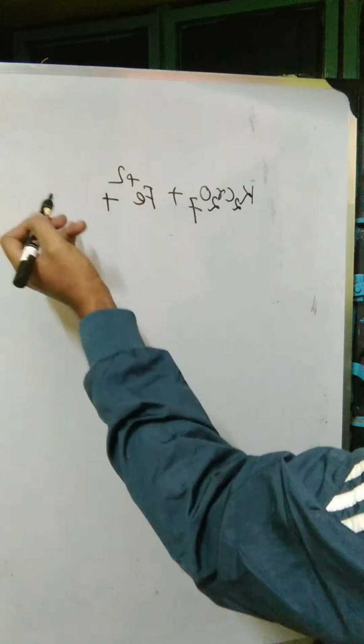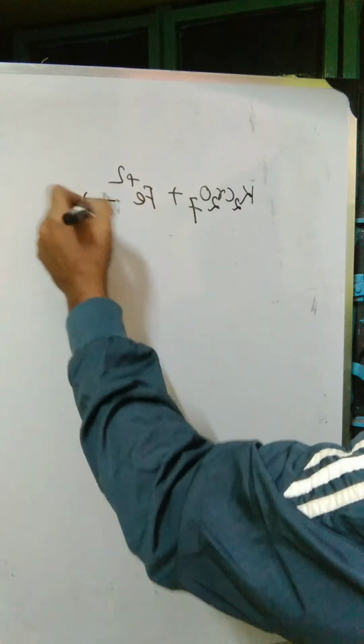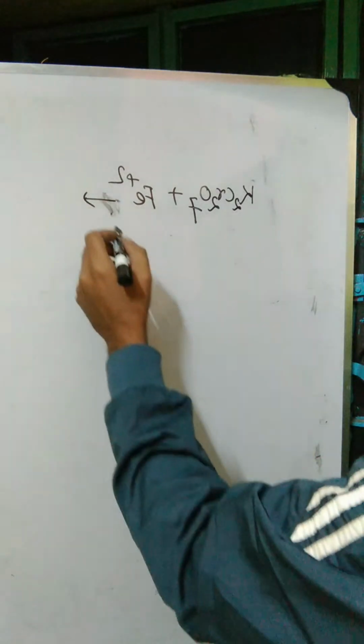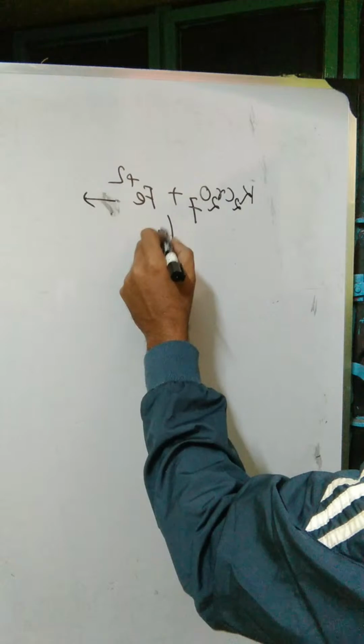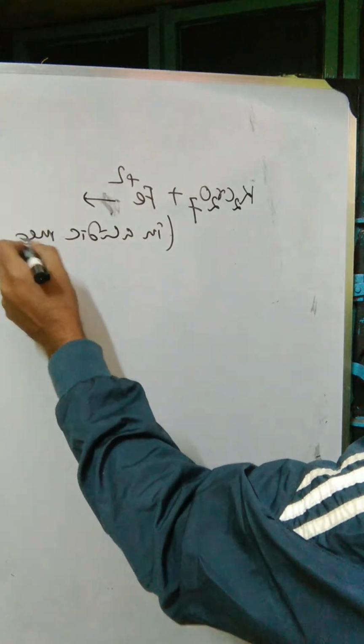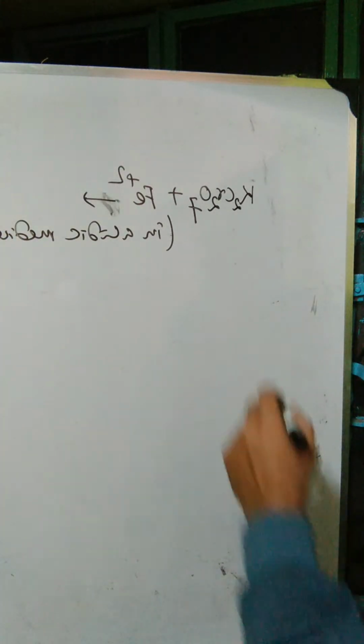H+ means the acid medium. H+ may not be given, and you need to write the product on your own. Here it is given in acidic medium.